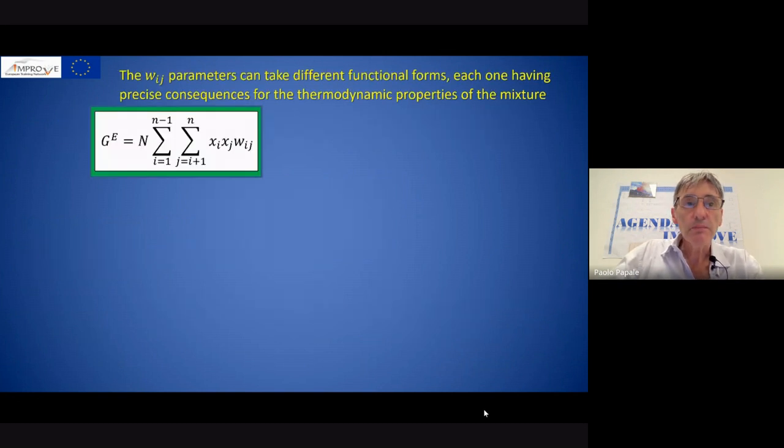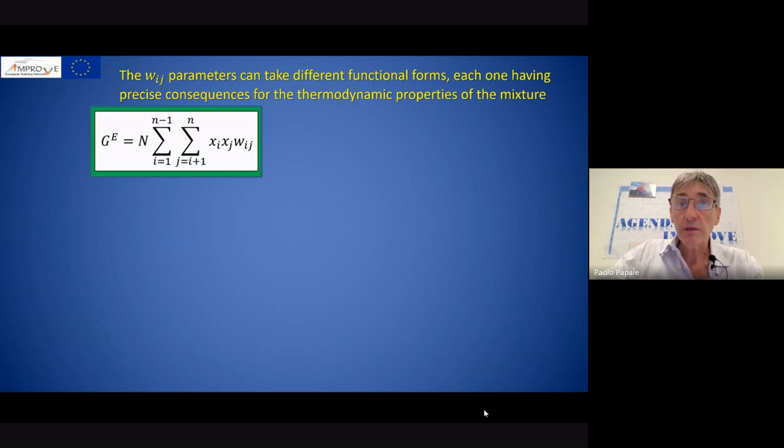In principle, the functional form of the binary interaction parameters Wij is not known a priori. The parameters can be constant numbers or more complex functions of pressure and temperature. The functional form of the binary interaction parameters has strong implications in terms of mixture modeling.